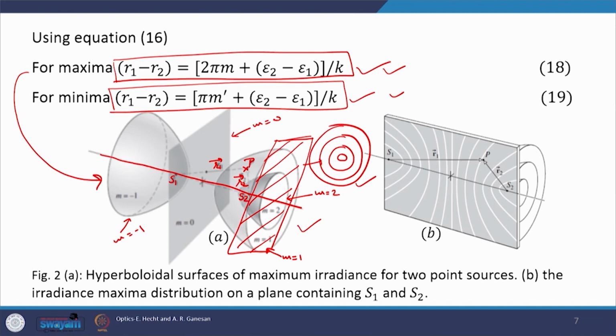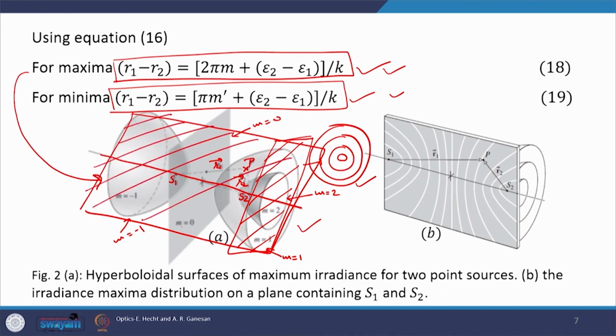Alternatively, if you cut this structure through a plane which contains the line S1 and S2, what I mean here is that if you cut this structure with this plane, which contains the line S1 and S2, then you will get this.